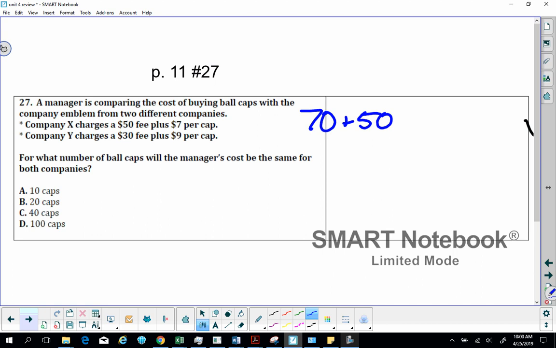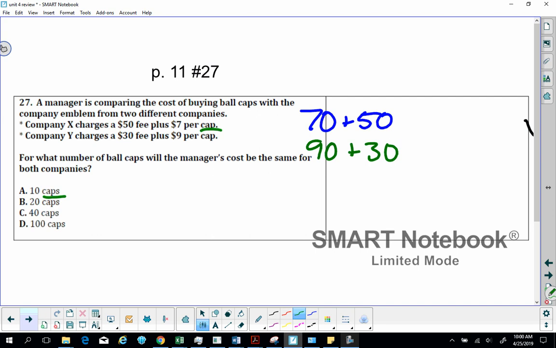You all okay on that? And then company Y would be $90 plus the $30 fee. You can come up with the equation too, which would just be 7x plus 50. But if it helps you that this says caps and cap, that's all you need to know.